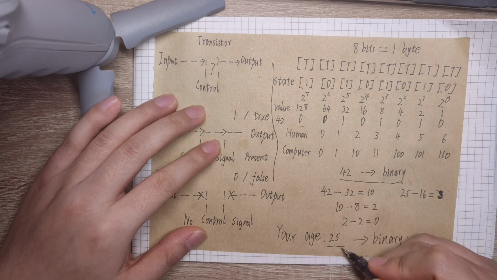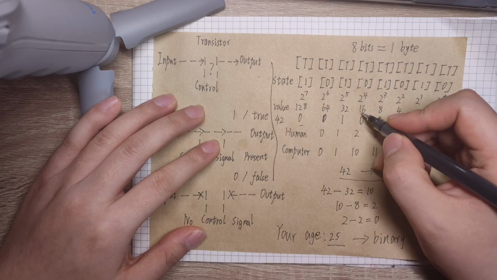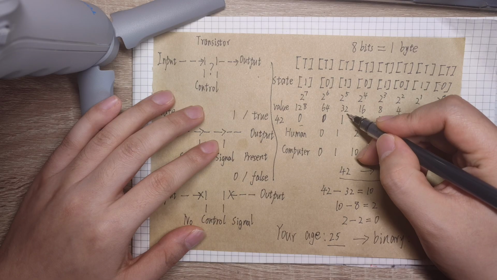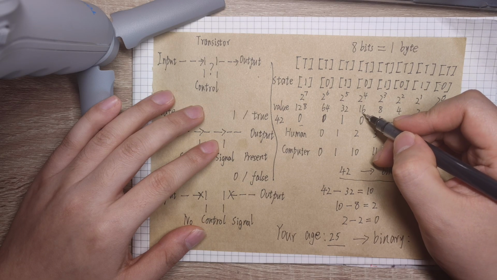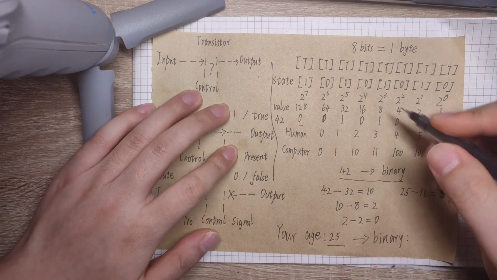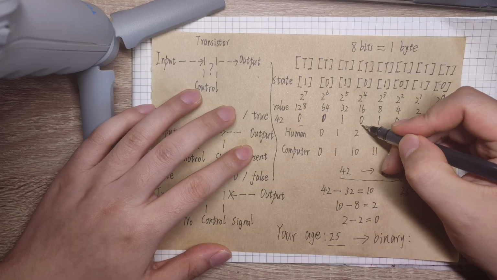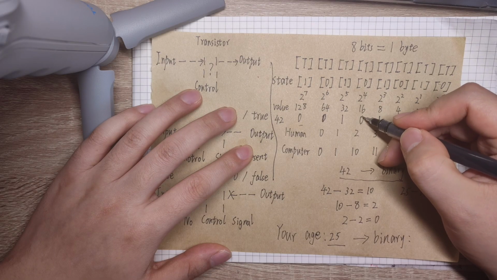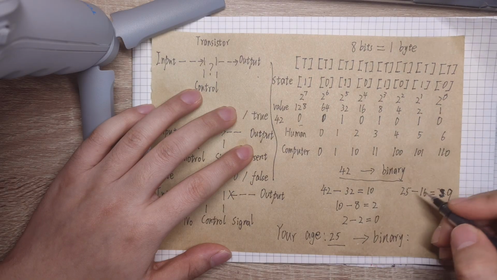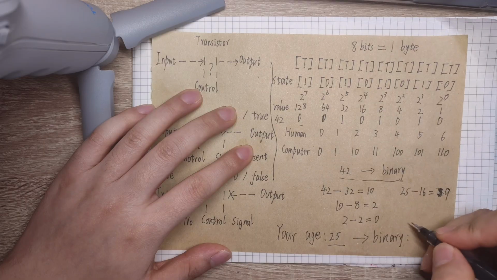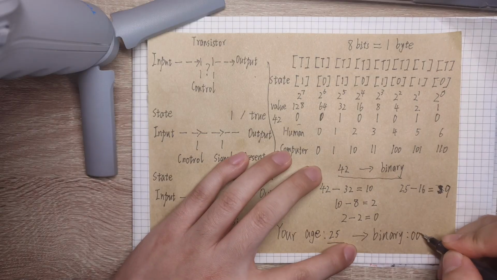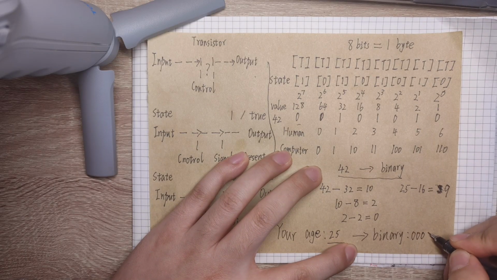For example, if your age is 25, it's obviously less than 32 and greater than 16. So the first 1 will be at 16, or we can say the fourth from the right. And then we write 0, 0, and 1.